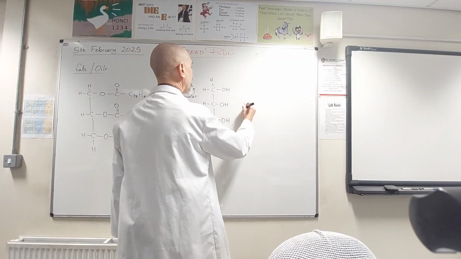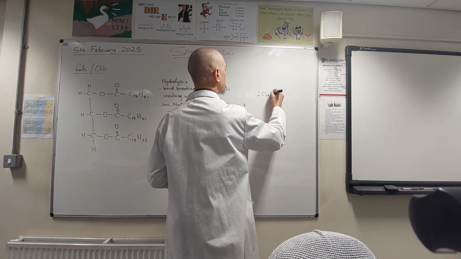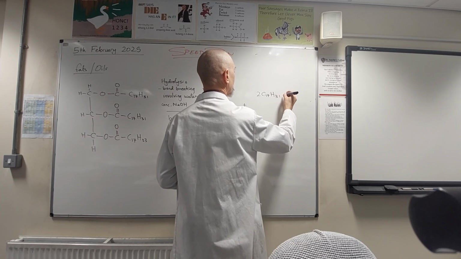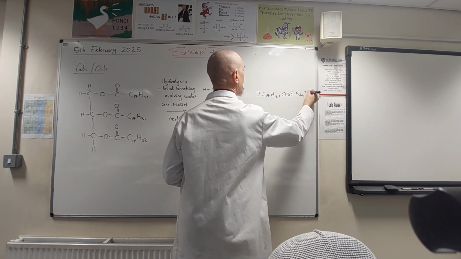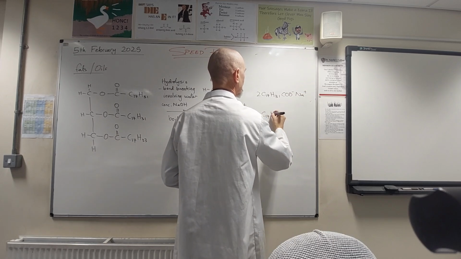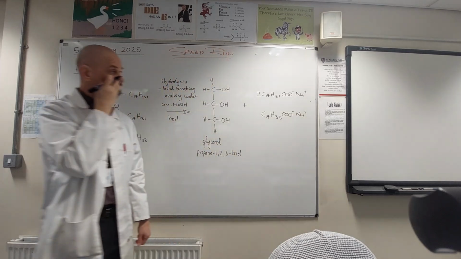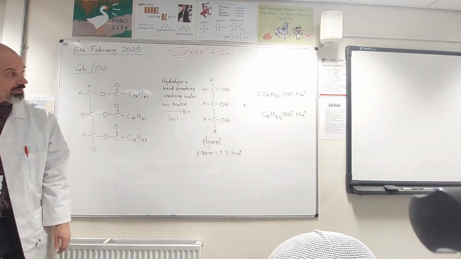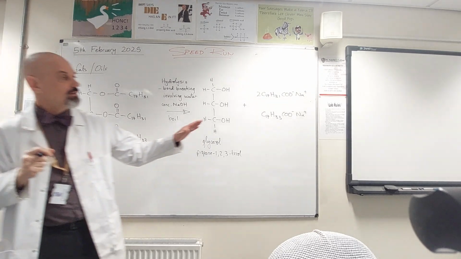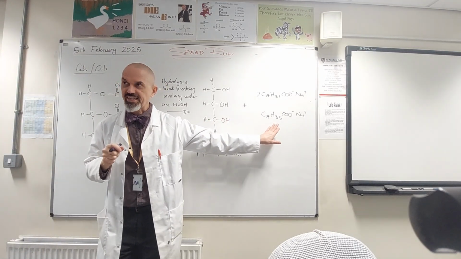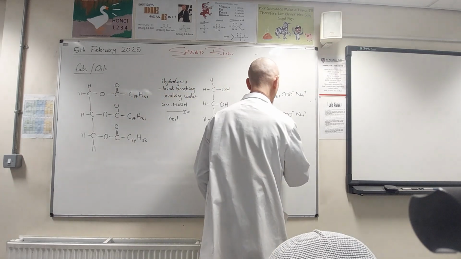And we'll make, in this case, 2 lots of C17H31COO-Na+, and 1 lot of C17H33COO-Na+. Okay, so our product here is used to make, or is actually, soap. So this is our soap.